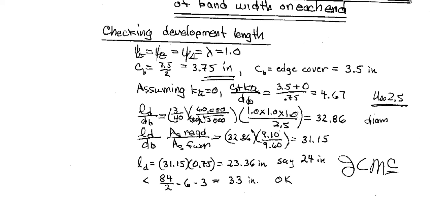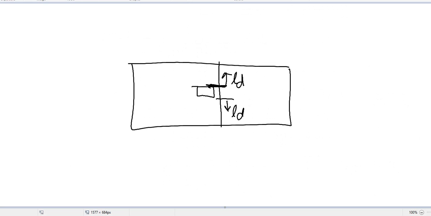How much space do I have? 33. How? 7 feet, that means 84 inch, divided by 2, that means at the middle, minus half of the column, minus 3 inch clear, total is 33. If I go back here, how did they get it? This is 84 inch divided by 2, that means at the middle, minus 6 inch, and then some spacing here, because I will not extend more than this.